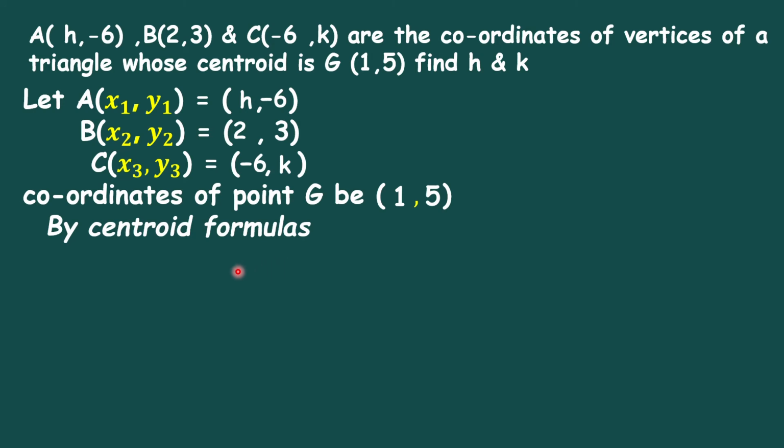Therefore, by the centroid formula, we know that the x coordinate of centroid G, x, equals x1 plus x2 plus x3 upon 3.